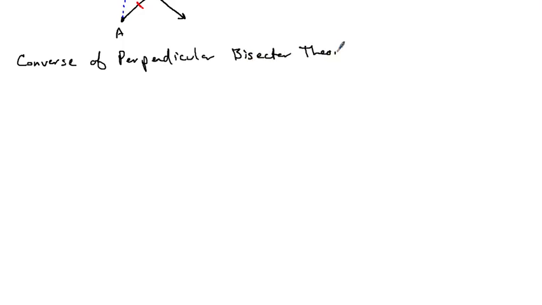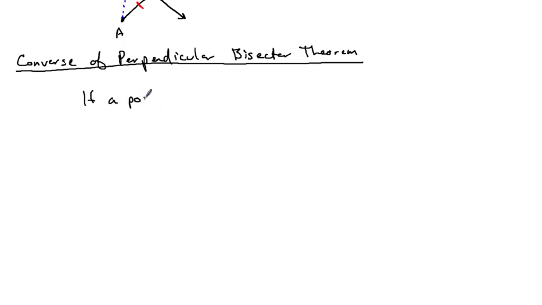Now we're going to have the converse of the perpendicular bisector theorem. Okay, it says if a point is equidistant, so now we're starting off like the other one ended.